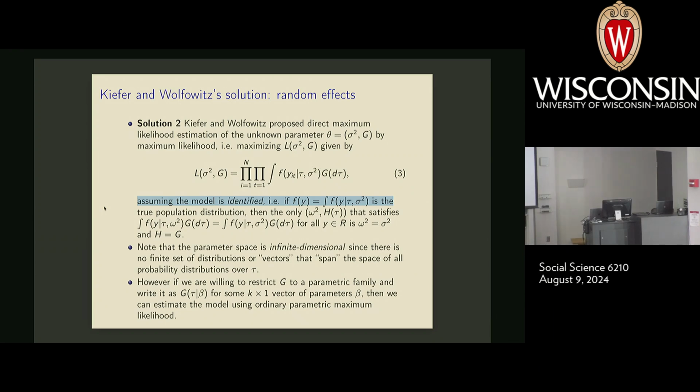So we're going to talk about identification. It's like inverting from what we can observe, the marginal distribution of y, back to uncover these two pieces. Now, it turns out that you can in some cases and you can't in other cases.